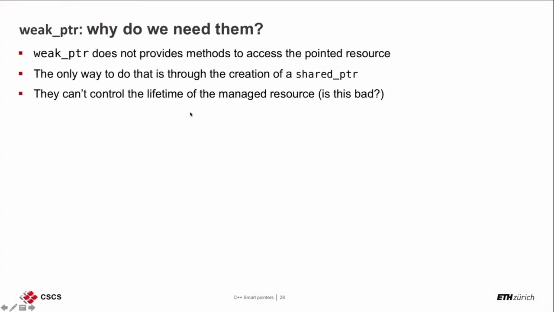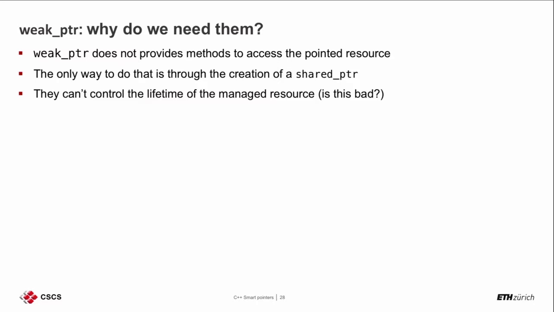So it looks quite strange, because with this weak pointer, basically, you don't have any method to access the pointed resource. The only way that you can access that memory location is through the creation of a new shared pointer, and then you can control the lifetime of the managed resource, because the only way to keep the memory location on the heap is to have at least one shared pointer pointing to that memory location.